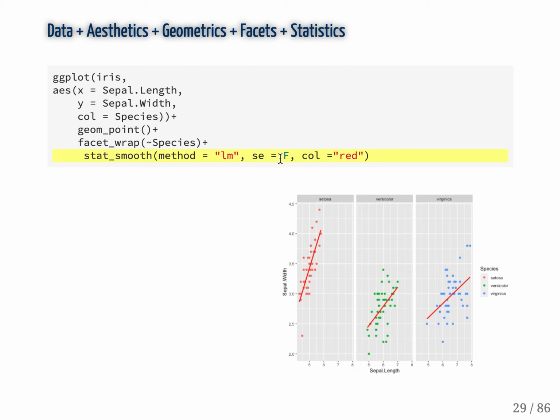If you did not pass any method here, then it will use GAM models to capture the nonlinear pattern in the data. Here method equals lm, se equals false, and the color of the line is red. If you pass se equals true, then you will get the confidence intervals as well.